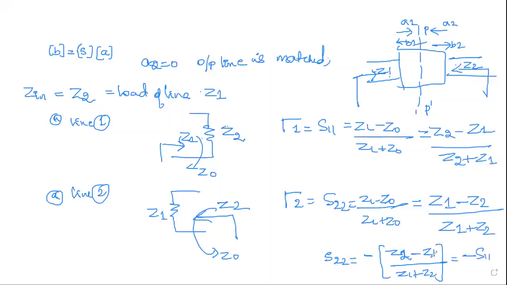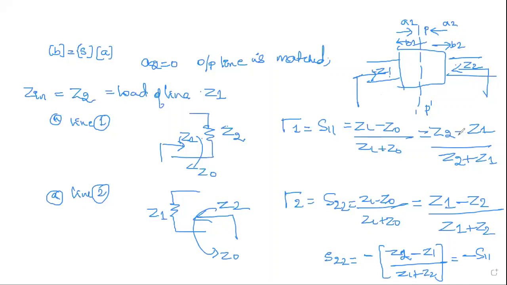This equation is similar to this. So you need to understand, you have to take the question as it is given: you have two transmission lines, characteristic impedances Z1 and Z2 are given, and you need to find out S parameters in terms of Z parameters. So the first thing you'll be doing is assuming first A2 is matched, then A1 is matched. If your A2 is matched, then your Z1 will be input, Z2 will act as your characteristic impedance.